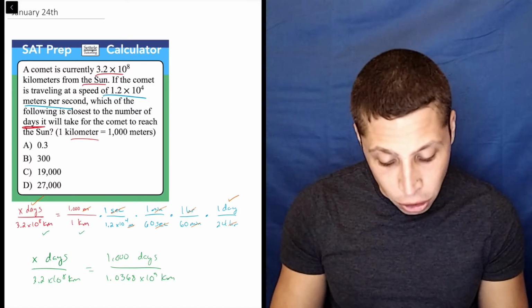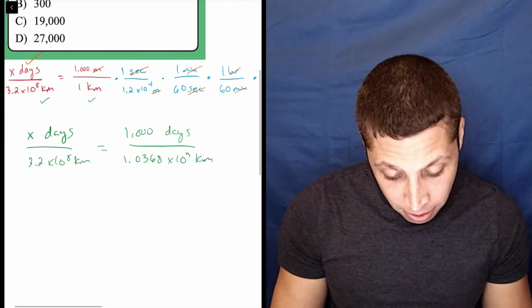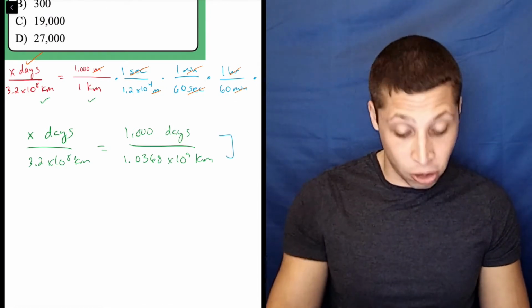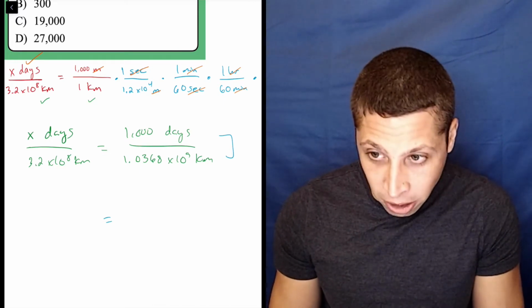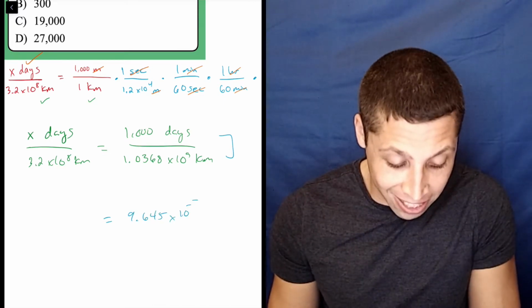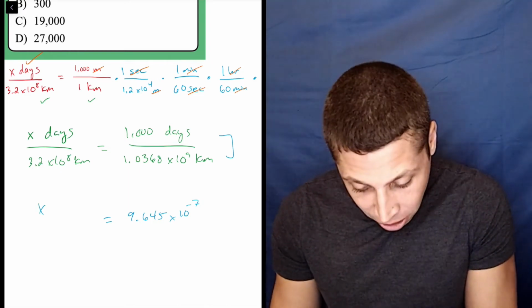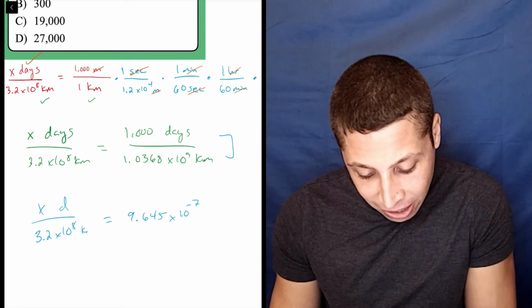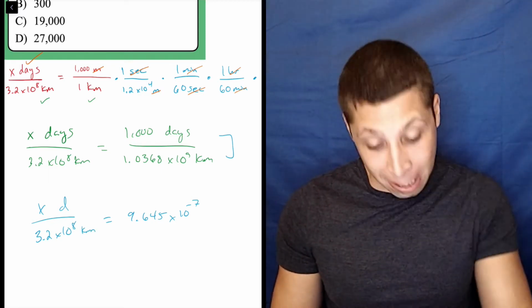And so what you could do is just do this division problem right here. This is a fraction, but it's just a division problem, and that would resolve to 9.645 times 10 to the negative 7. And so x days over 3.2 times 10 to the 8th kilometers. And how do we get x by itself?